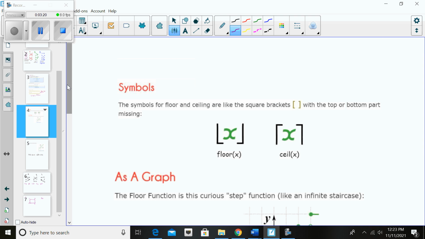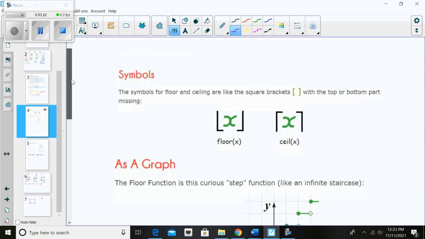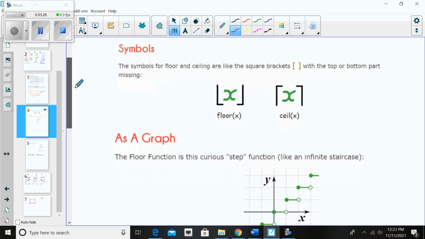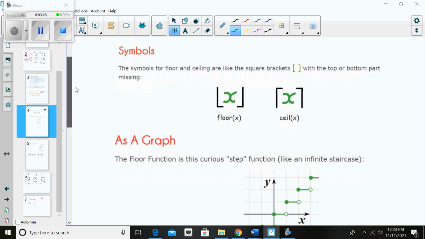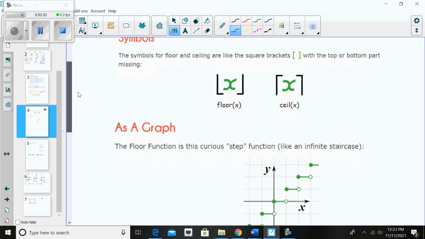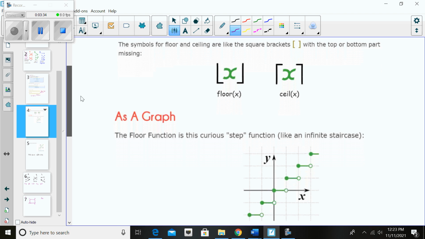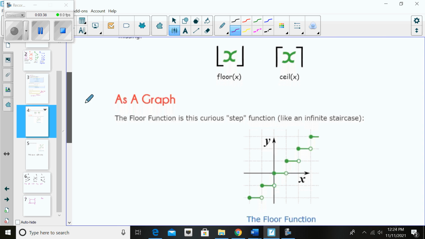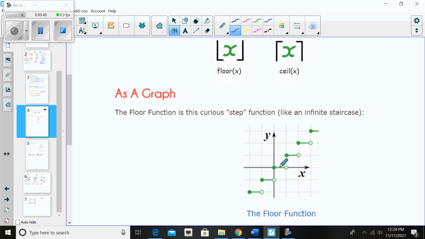So here's where they show you the symbols. And when you graph something like this, it's known as a step function because it looks like steps. This is the floor function.